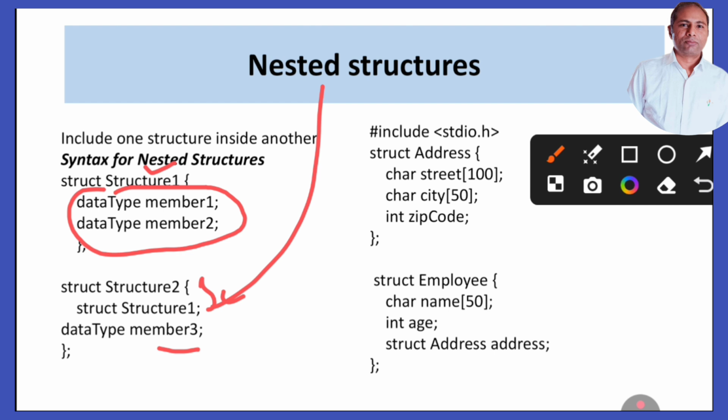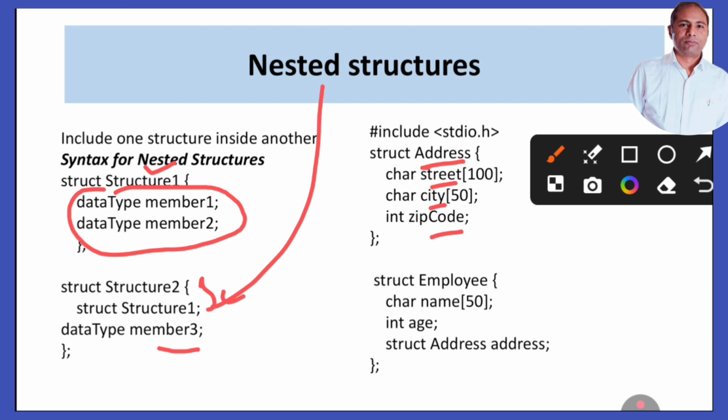Now, we can use the nested structure somewhere. We can see one program of the nested structure, for example if we want an employee address. We will have the employee data, and inside that we can have the address. So here the nested structure will work. We have created one structure with struct address. In address we want the city, the street, the zip code, that is the pin code.